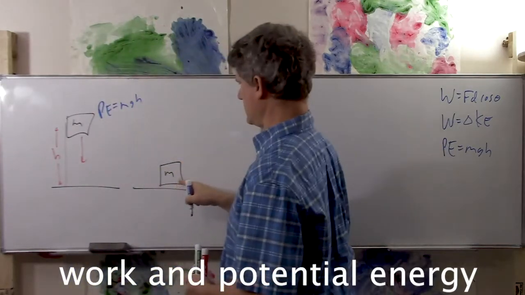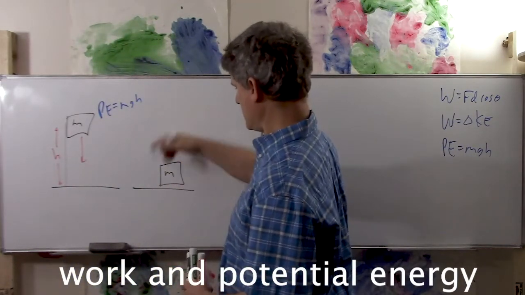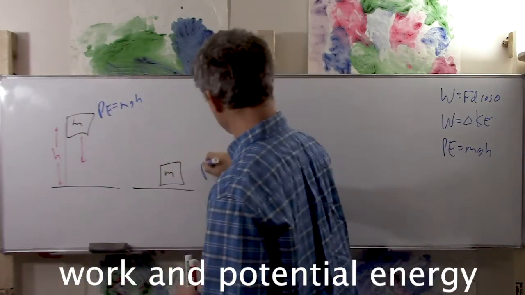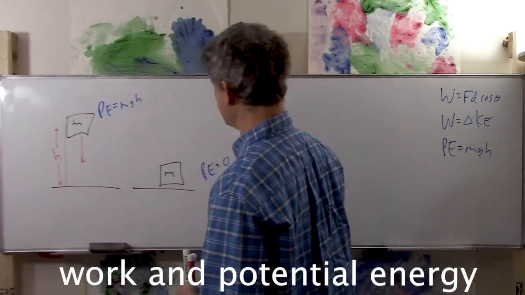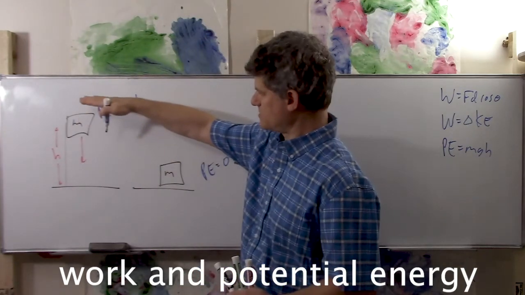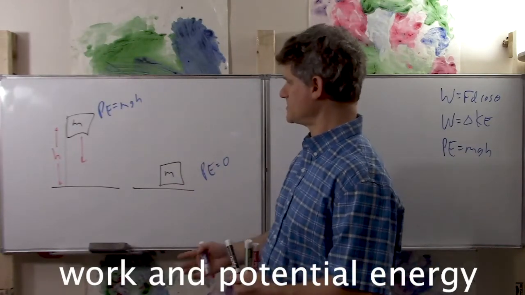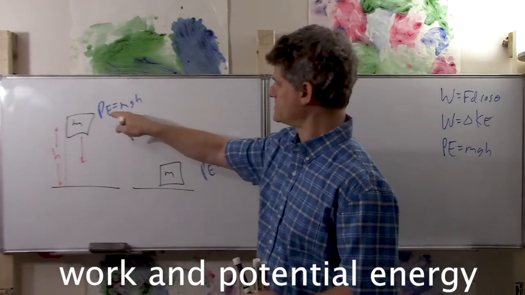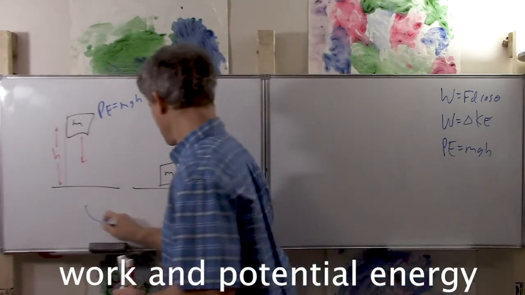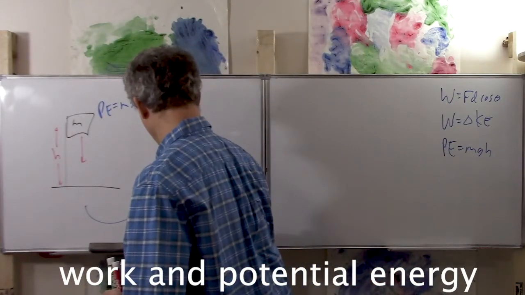And what about down here? Down here, h is 0, so the potential energy equals 0. Notice that when this object fell, it lost potential energy. How much did it lose? It lost mgh worth. That's the amount of work done by gravity.